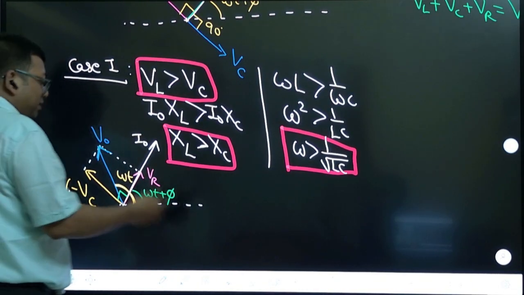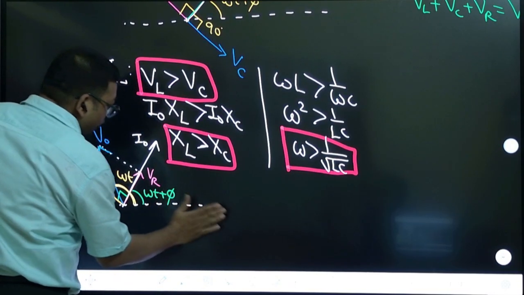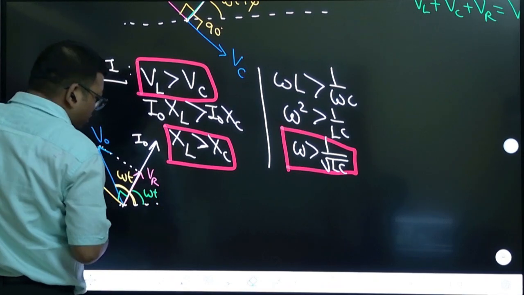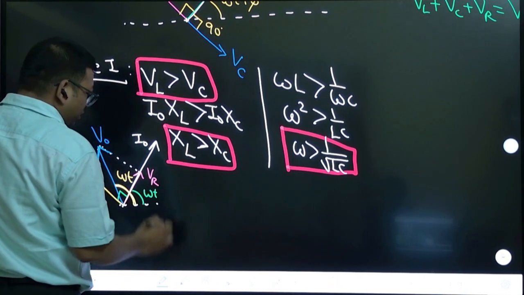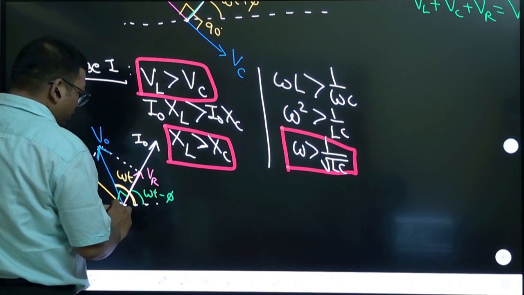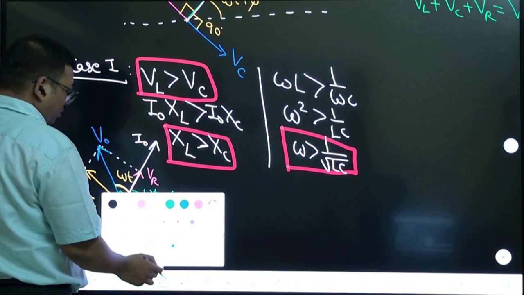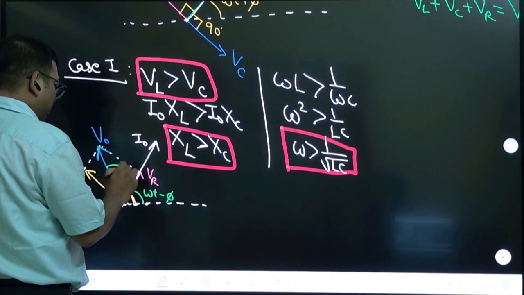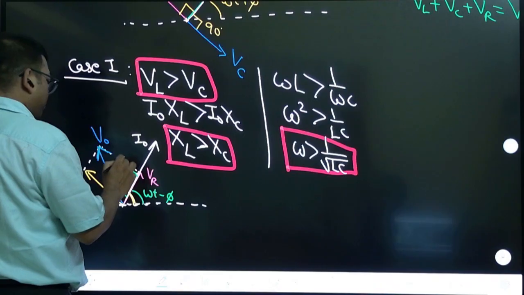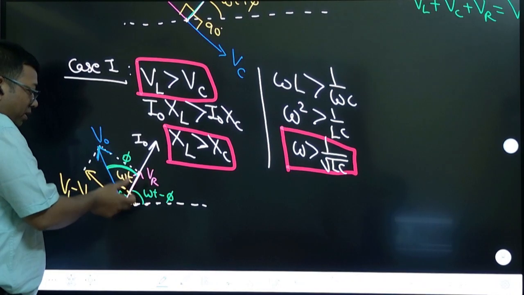So let us now put phi as a magnitude. So I am going to keep this as omega t minus phi. Why minus phi? Because we know that phase difference is going to be this way. This angle is phi. So this is omega t minus phi.